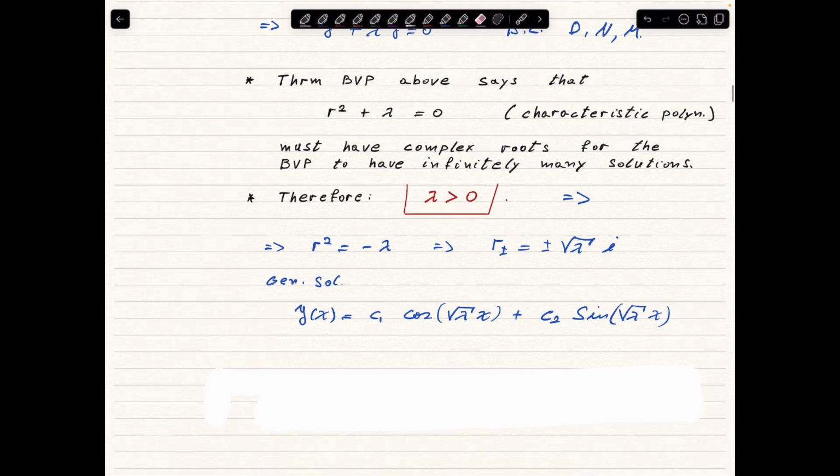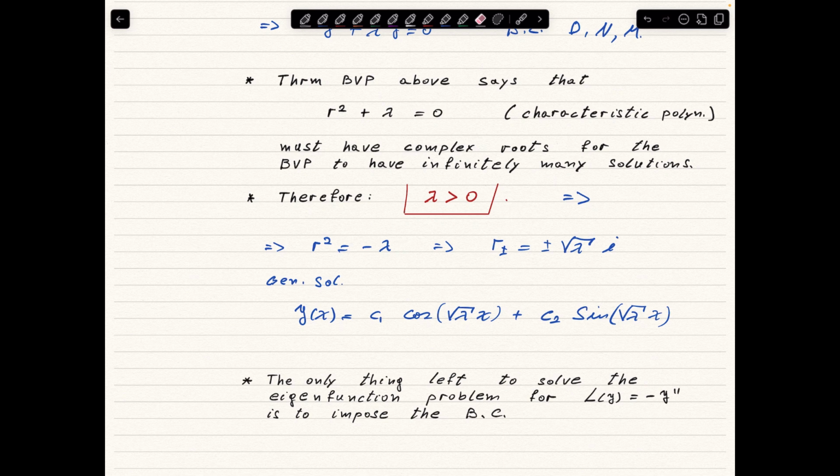And now the only thing that is left in order to solve the eigenfunction problem for this operator is to impose the boundary conditions on this general solution. And this is what we are going to do in the following examples. One example for Dirichlet and the other example for Neumann boundary conditions.